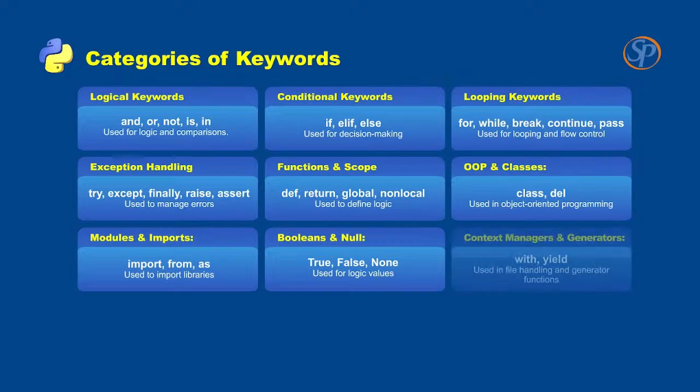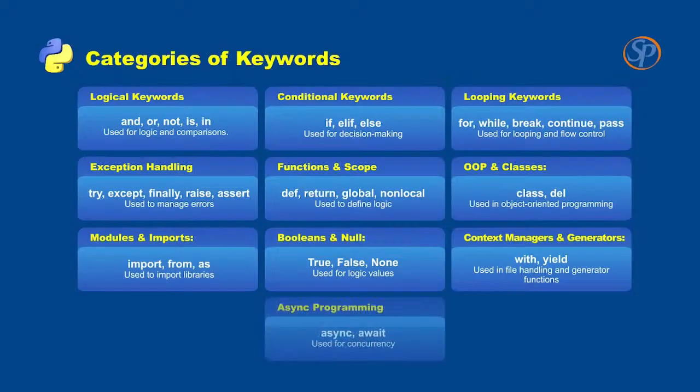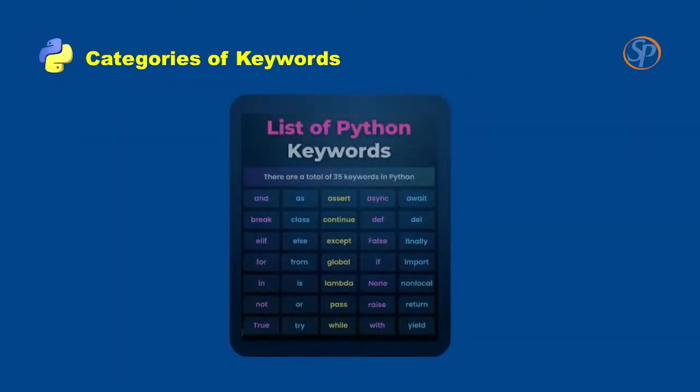These are used for logic values. Context managers and generators like with, yield. These are used in file handling and generator functions. Async programming: async and await, which you use for concurrency. Together these 35 keywords define the entire grammar of Python.